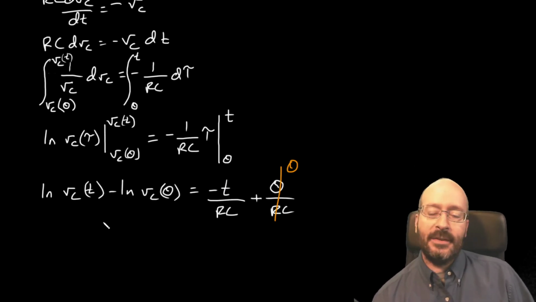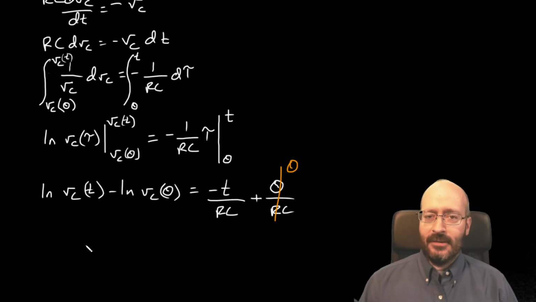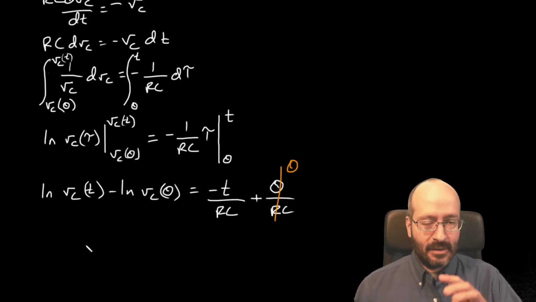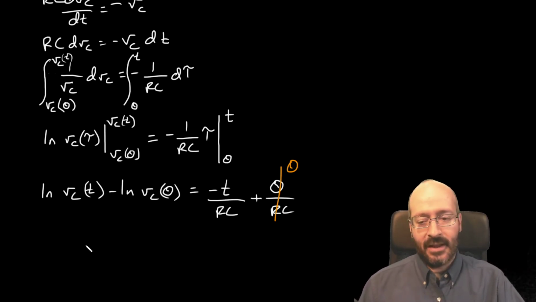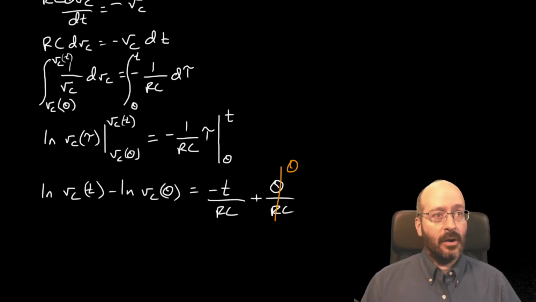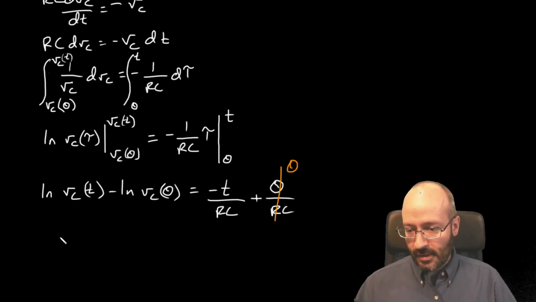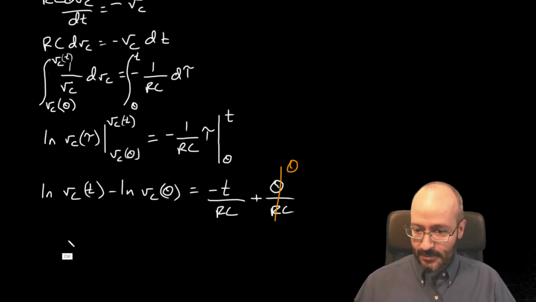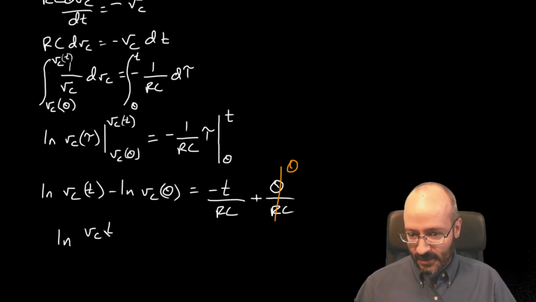We've got some logarithms here. Go back and look up your log identities for this one. Some of you are going to know it. I usually ask in class, how can we reduce that and make that a little more manageable? And we end up with the natural log of Vc of t over Vc of 0.